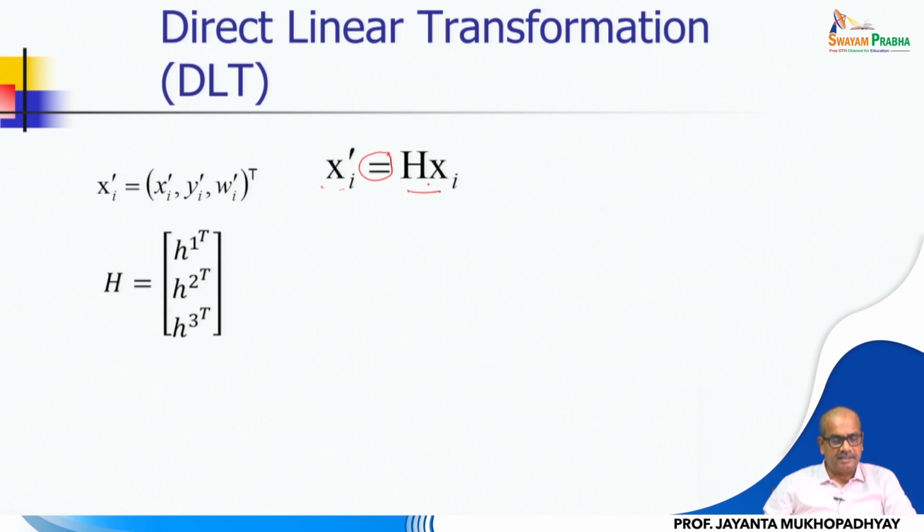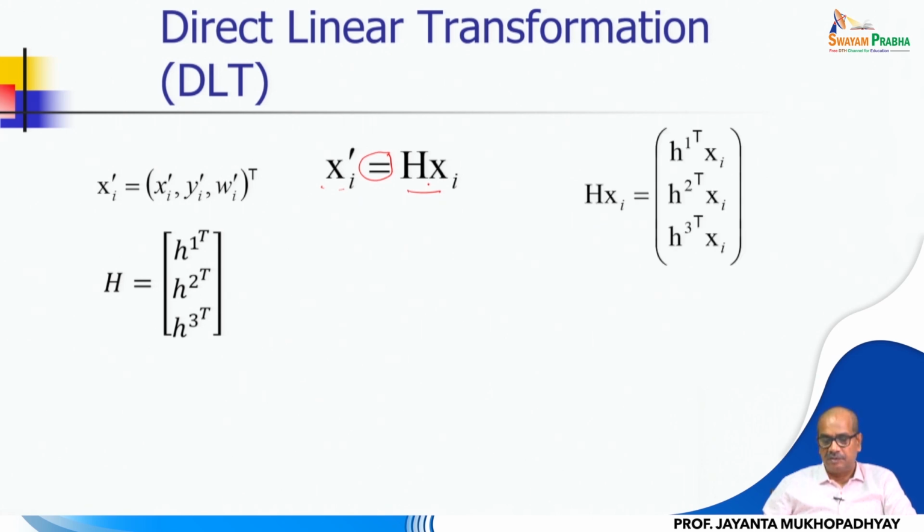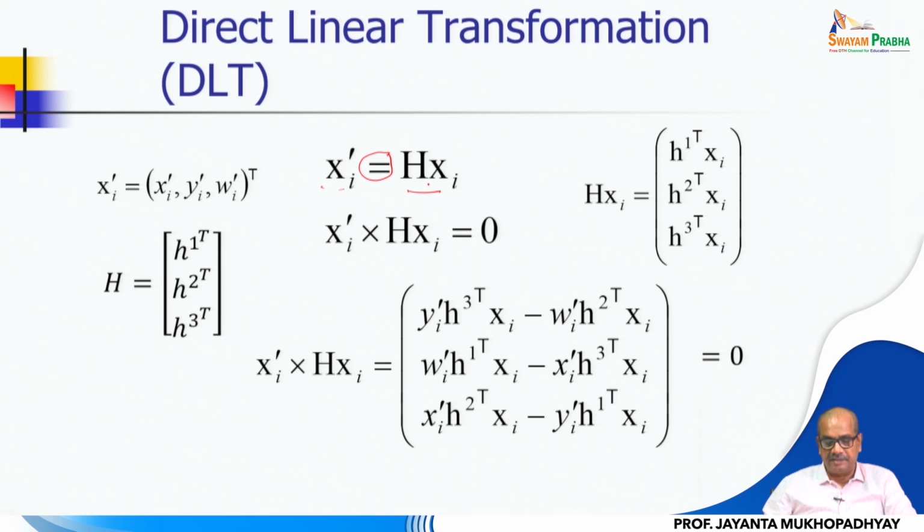So let us consider xi prime is (xi prime, yi prime, wi prime), and once again your point xi is (xi, yi, 1) in the canonical form. So we can write these equations in this form. You can see that this is the cross product of 3-vectors, and that would give you this equation.